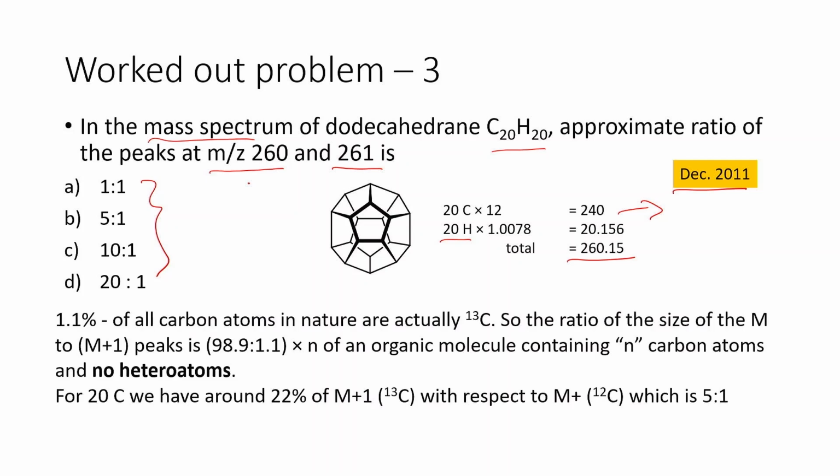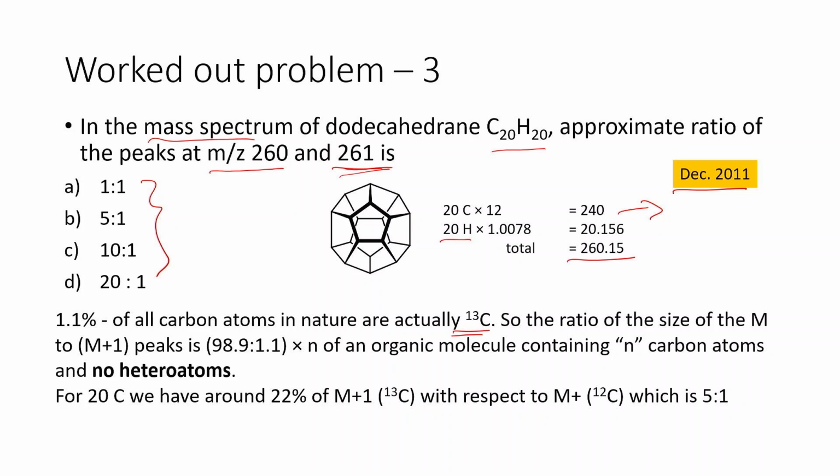And how do we get the 261? So to know about the 261, we do need to know about the carbon 13 that is present. So in other words, the natural abundant carbon contains 1.1% of carbon 13 isotope present in it.